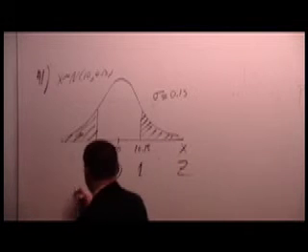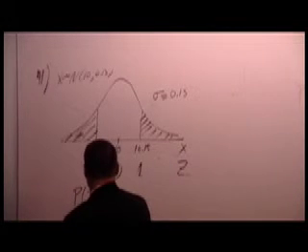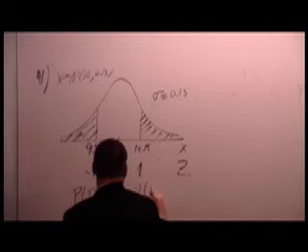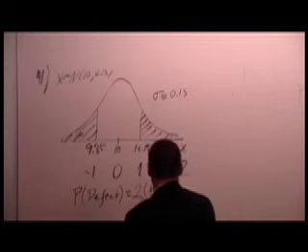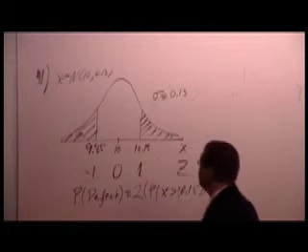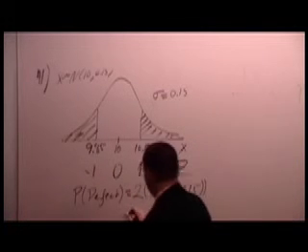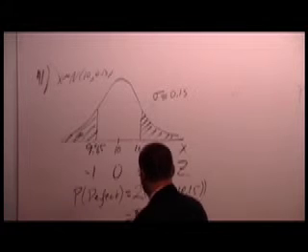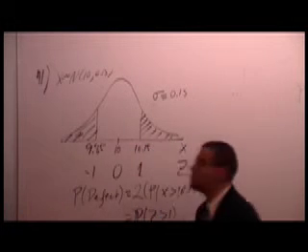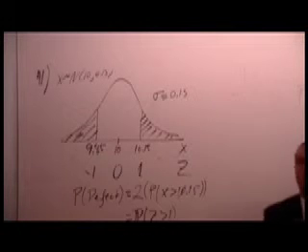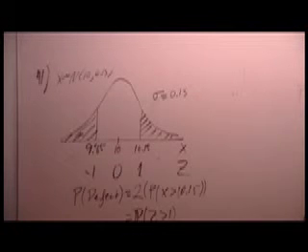You can simply recognize that the probability of a defect is 2 times the probability that x is greater than 10.15, which is the same thing as 2 times the probability that z is greater than 1. But of course, if you look up 1 in your table, what do you find?